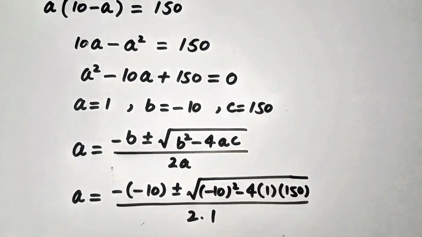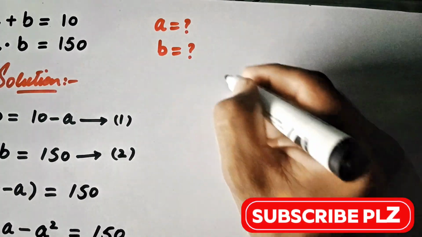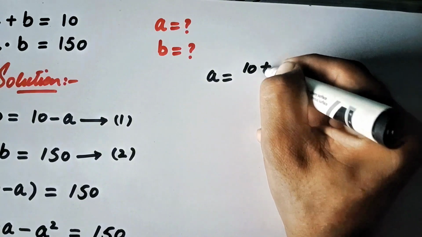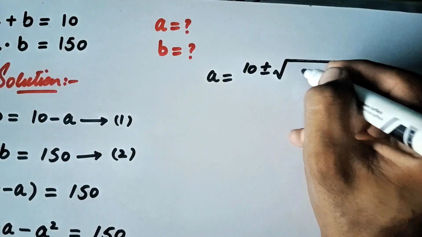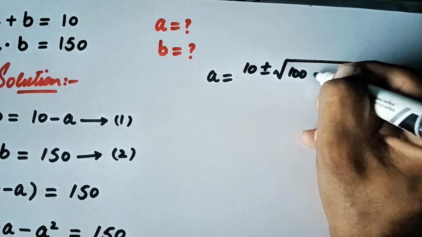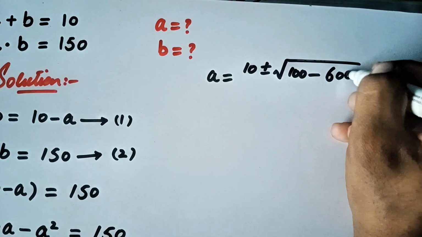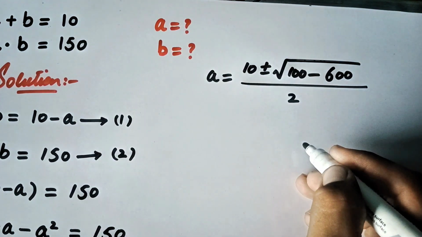This implies that a is equal to 10 plus or minus root of minus 10 square, which is 100, minus 4 times 150, which is 600, divided by 2.